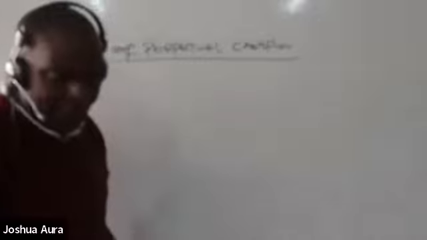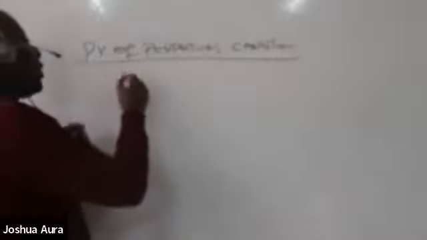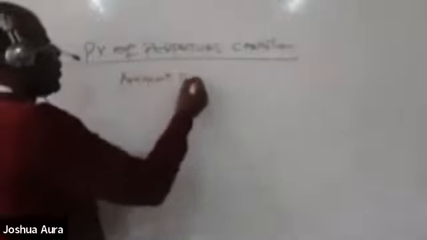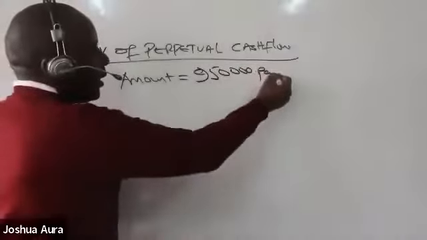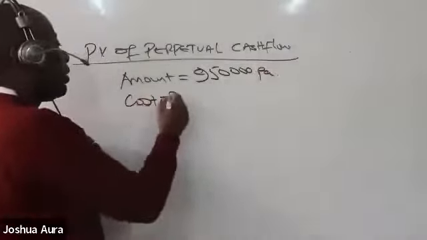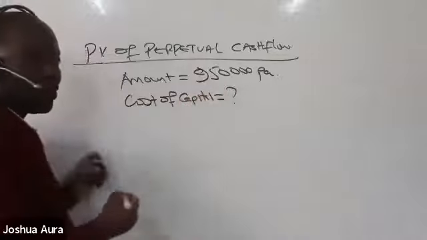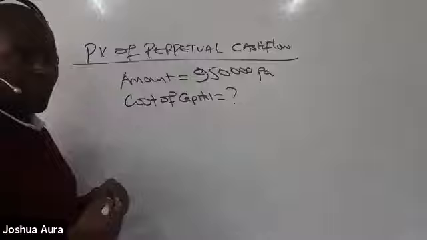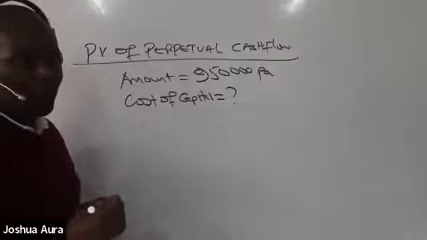Now, ladies and gentlemen, this perpetual cash flow, the amount is how much? The amount is 950,000 per annum, isn't it? Now, the cost of capital has not been given in this question. The required return has not been given, so you must calculate it.